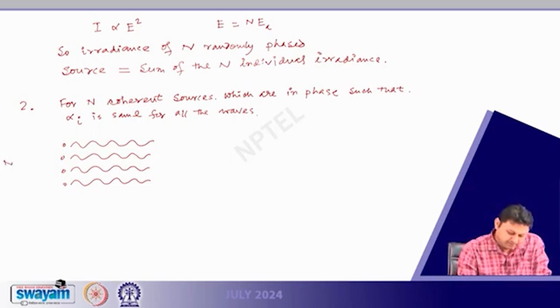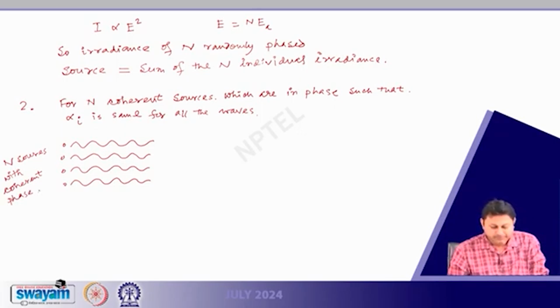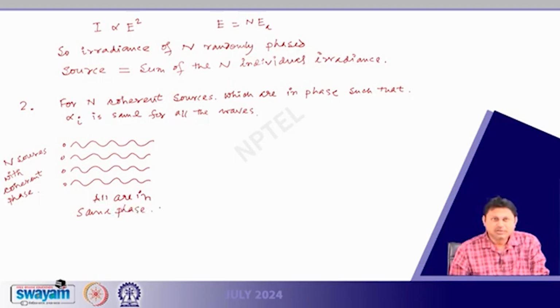N sources with coherent phase. So they are in phase. All are in the same phase.